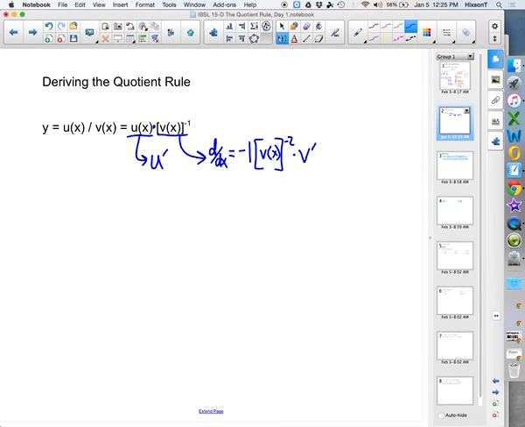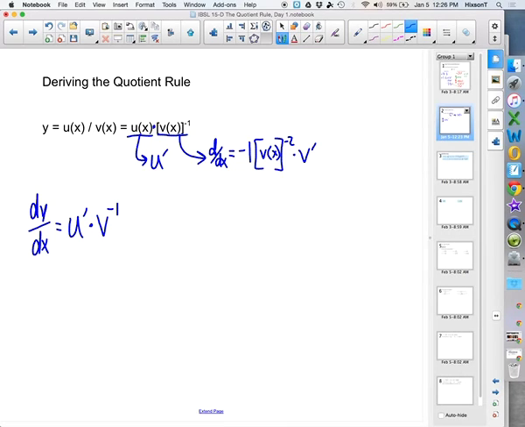Alright, so let's find dy dx using our product rule. First of all, we have u prime times the second factor, which for the product rule is actually this entire thing, v to the negative 1 power.